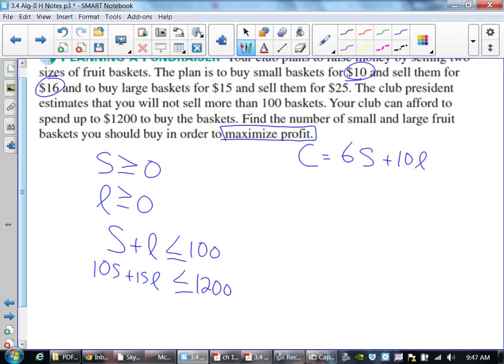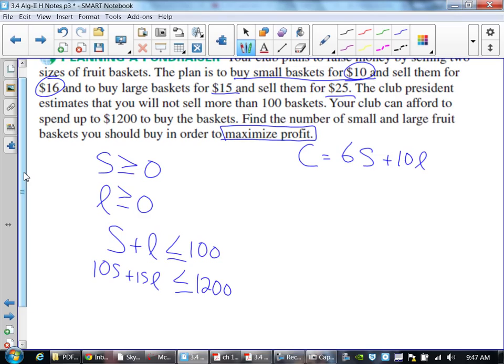No, guys. You're buying them for 10, selling them for 16, so your profit is 6. You're buying the large for 15, selling them for 10, so your 10 is your profit. I see what we did.